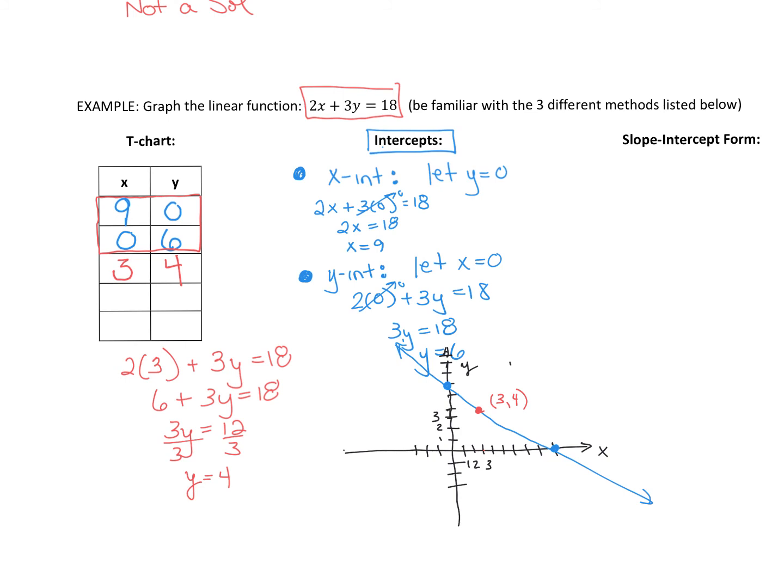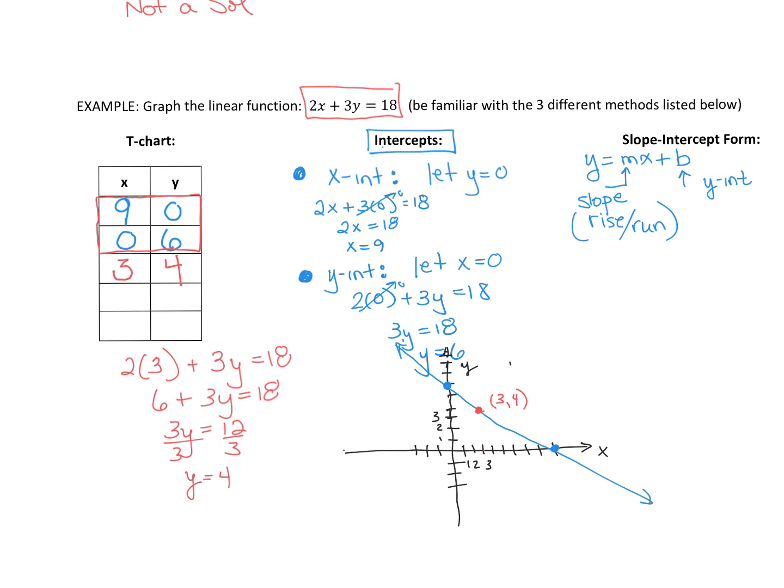Now, the last way to graph is slope-intercept form, and slope-intercept form is y equals mx plus b. In this particular case, b is our y-intercept, and our m is our slope, which we often refer to as rise over run. And I'll explain that with this picture in just a moment.